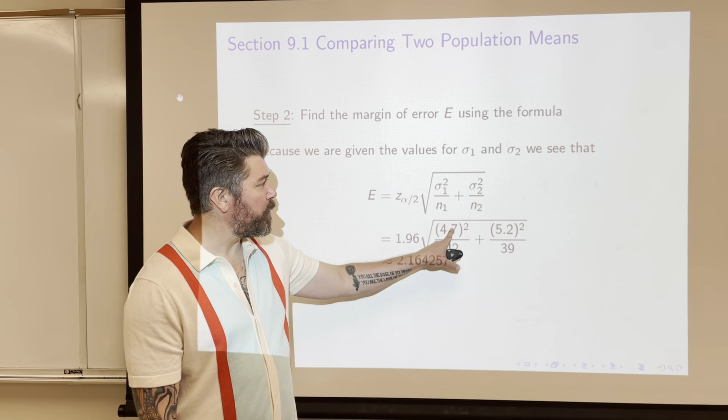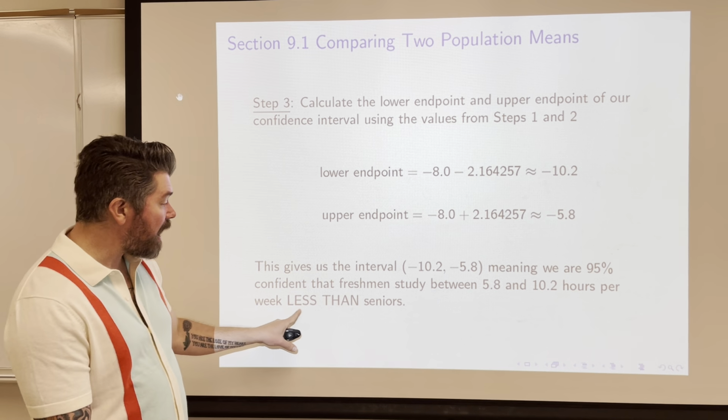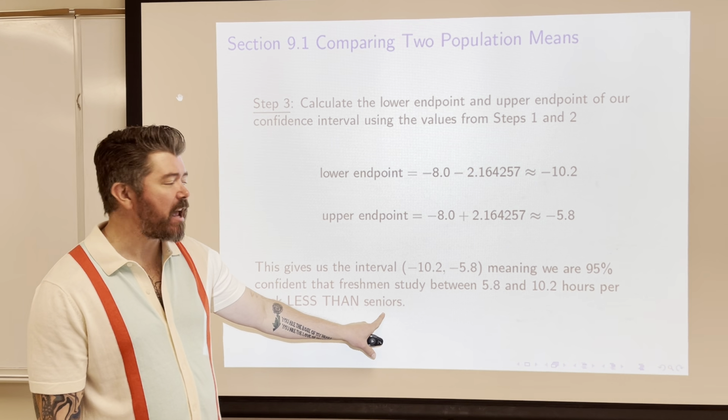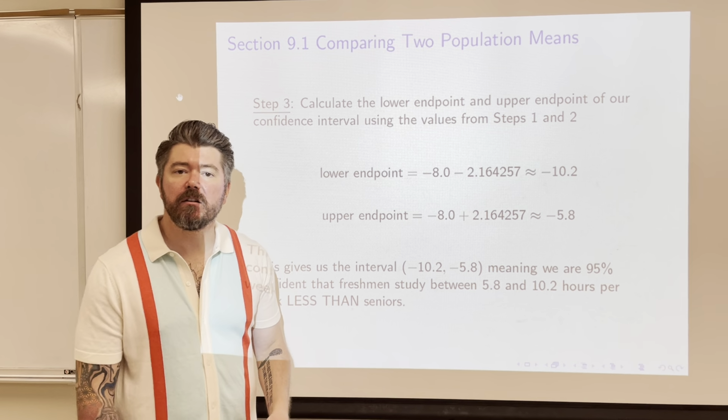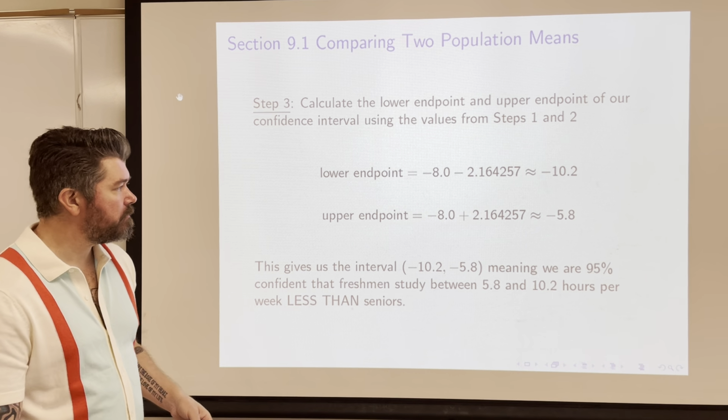If this number is bigger than this number, that means that seniors study more than freshmen. Or another way to put it, how I phrased it here, is that freshmen study less than seniors. How much less? On average, this much less. Right? So the negative kind of represents a less than result. Okay?